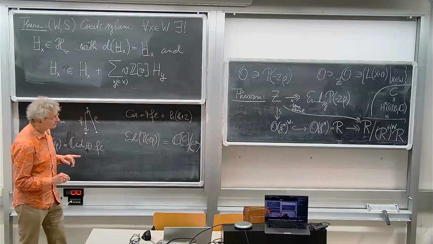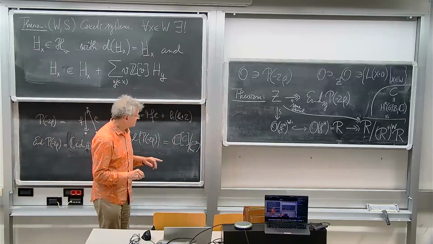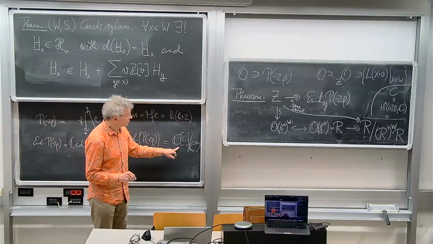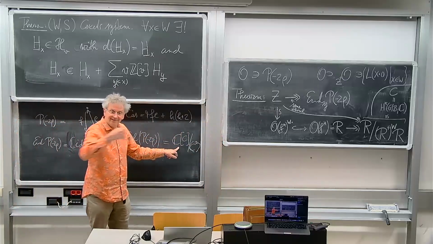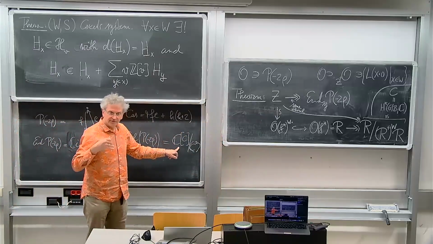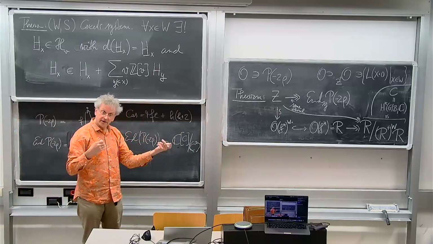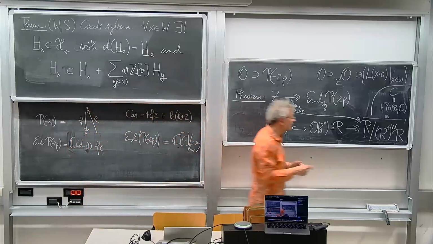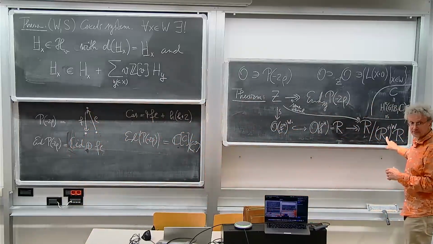And this quotient is also just the quotient of the regular functions on the line by those functions which are invariant under making things negative. So this is what is written over here.